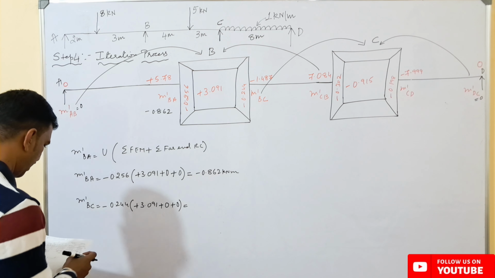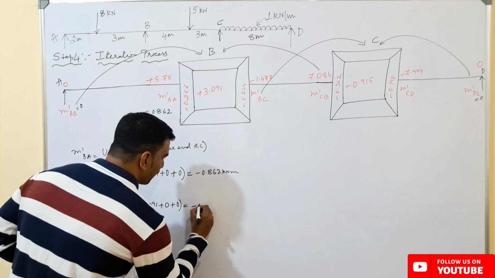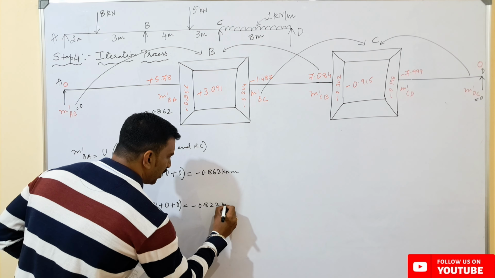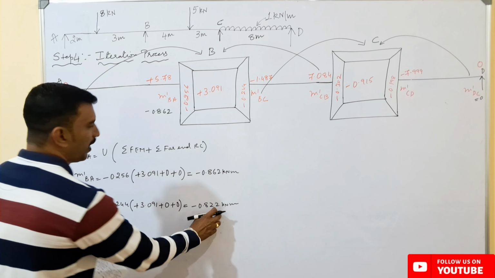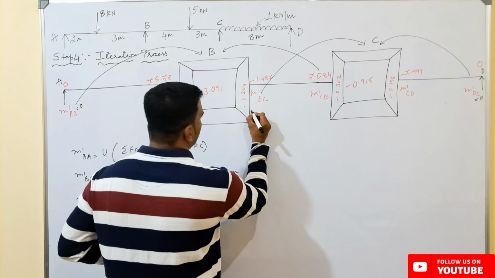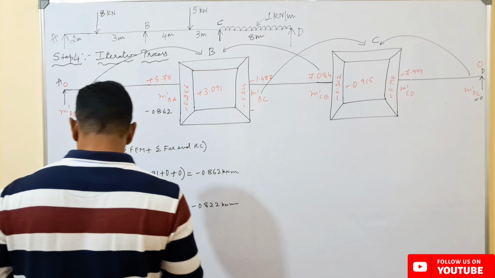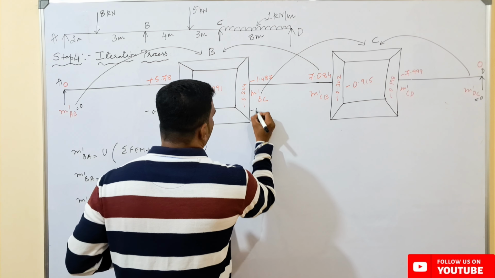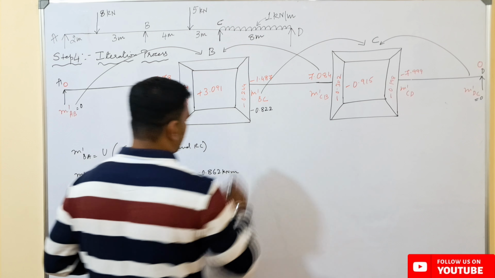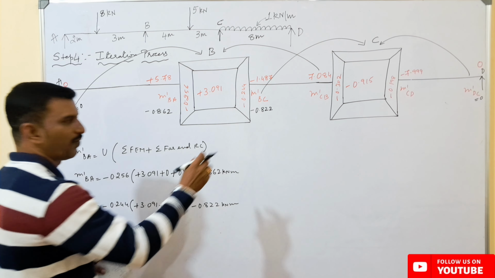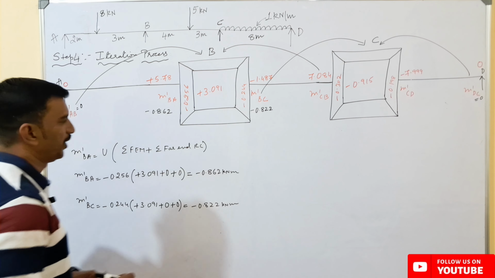So the value will be equal to minus 0.822 kilonewton meters. So this value we have to write here, which is minus 0.822. I am writing only the values and not the units over here.